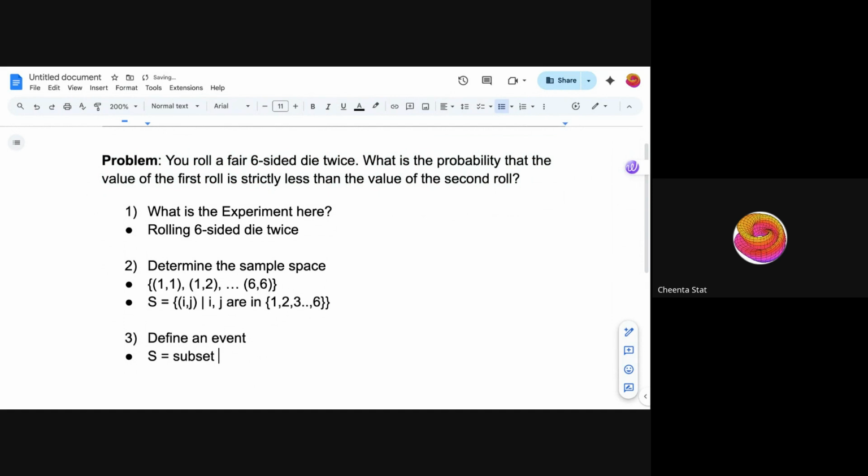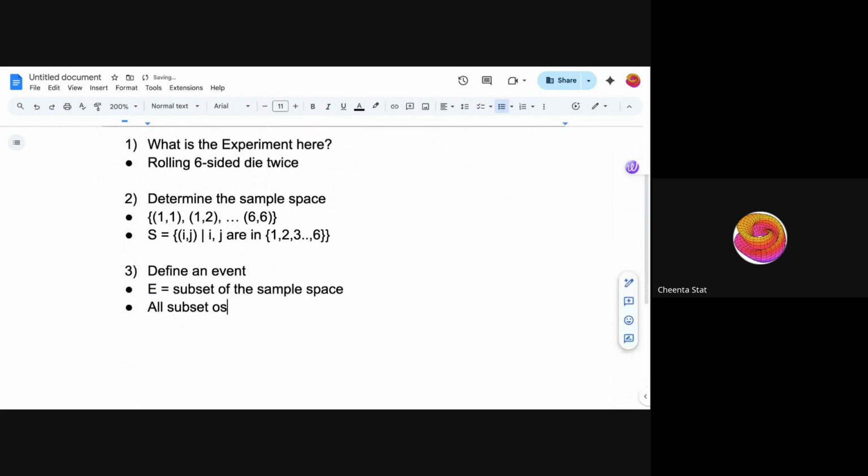Just to let you know, an event E is nothing but a subset of the sample space. In this case, all subsets of S can be an event, but in general, it is not so. In general, any subset is not an event.